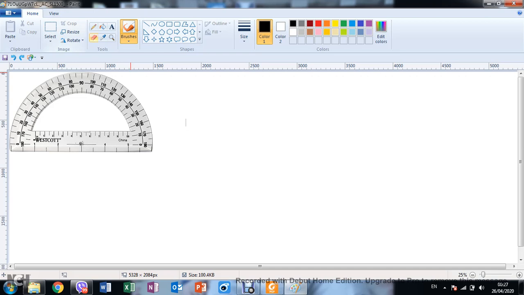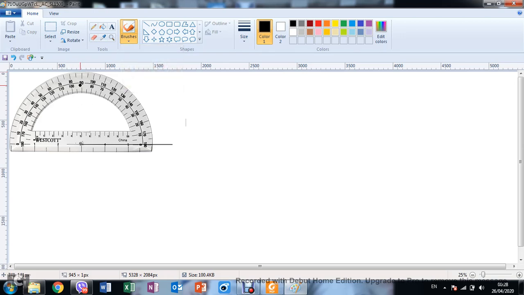Look, the first step, you need to draw a line from the center point of the protractor and pass through 0. After that, because a right angle is 90 degrees, where is 90 degrees? Look, I'll show you.